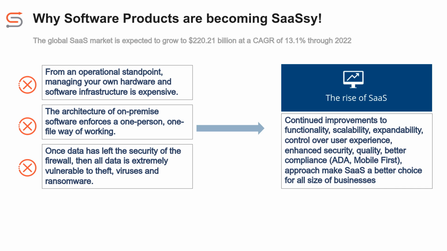And right now we're going to talk about why software products are becoming SaaSy. As you know, the cloud has really enabled the evolution of SaaS software products. The market is expected to grow significantly throughout 2022. And why is that?